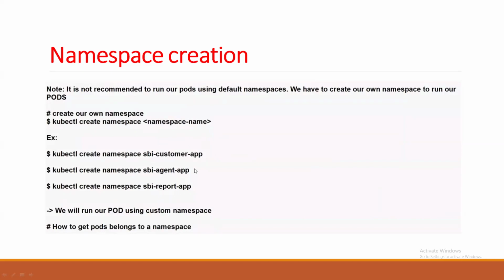These are the microservices, and for every microservice you can create your own custom namespace, and we will run our pods using the custom namespaces. How to get the pods belonging to a namespace, I will show you, guys.